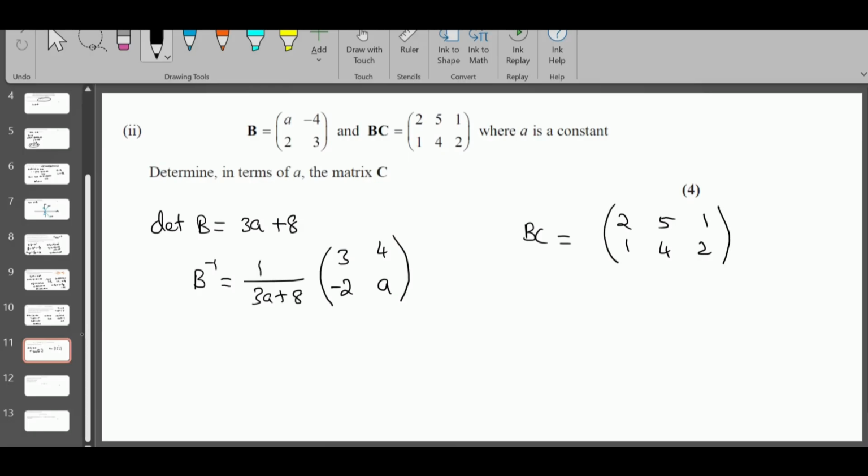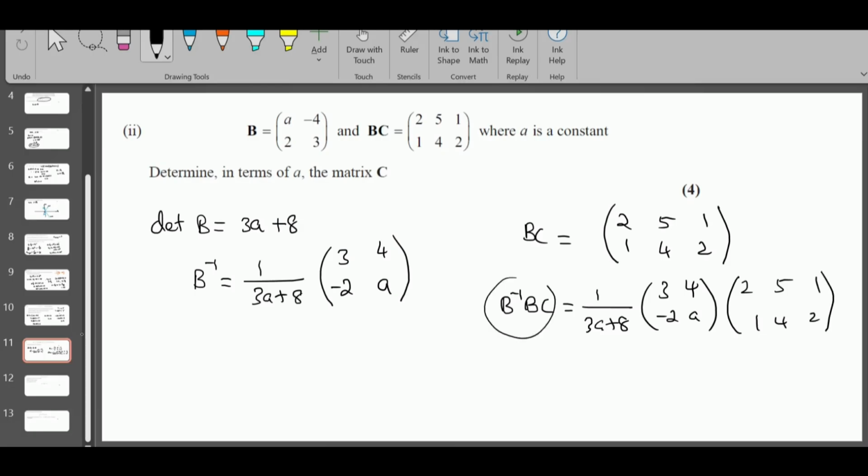To find C, we are going to multiply both sides of the equation by B inverse. So when we add B inverse on the left hand side here, we'll add it on the left hand side here. So it's going to be B inverse BC is equal to, write the B inverse, 1 over 3A plus 8, keep it outside, 3, 4, minus 2, A, and then this matrix, 2, 5, 1, 1, 4, 2.